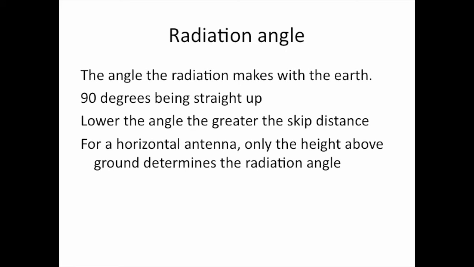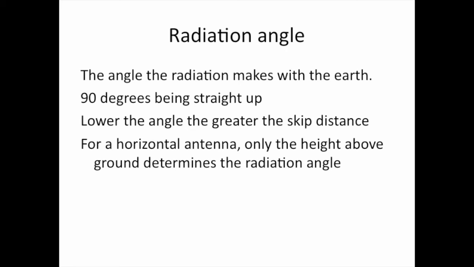Now the radiation angle. The radiation angle is the angle that your transmitted wave makes with the Earth, 90 degrees being straight up and 0 degrees being perfectly parallel to the Earth. The lower the angle, in general, the greater the potential skip distance.